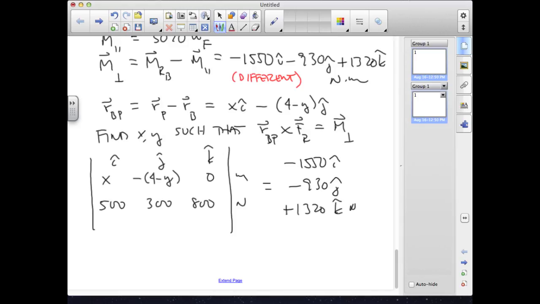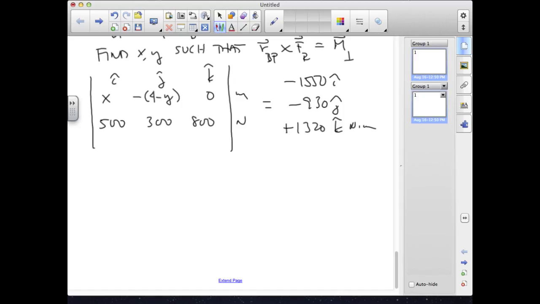1320K Newton meters. And if we write those individual scalar components, we have minus 800 times 4 minus y has to equal minus 1550. In J, we have minus 800x equals minus 930.